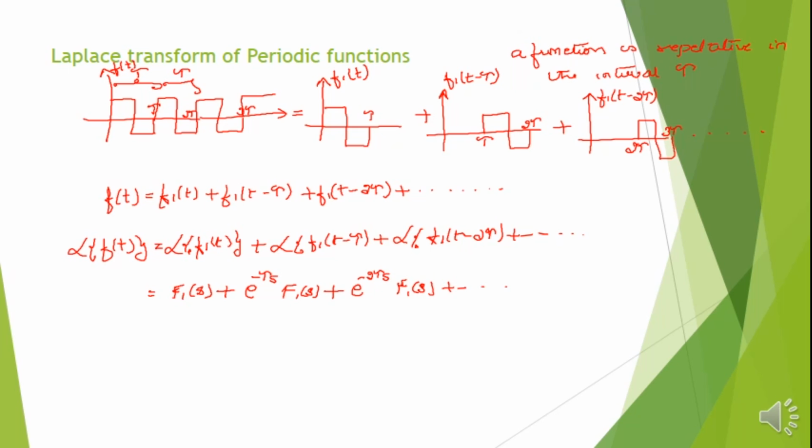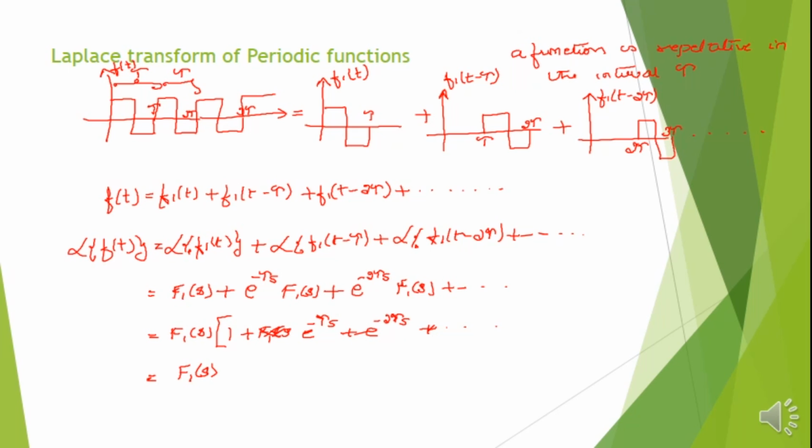So in this, if I take F1 of s outside, it is F1 of s times 1 plus e to the power minus tau s plus e to the power minus 2 tau s, and so on. Now this is an infinite series and it is geometric in nature. In the case of an infinite geometric series, the sum is equal to 1 by 1 minus r.